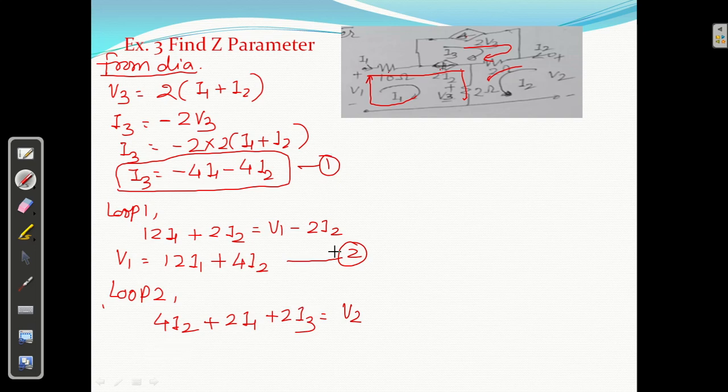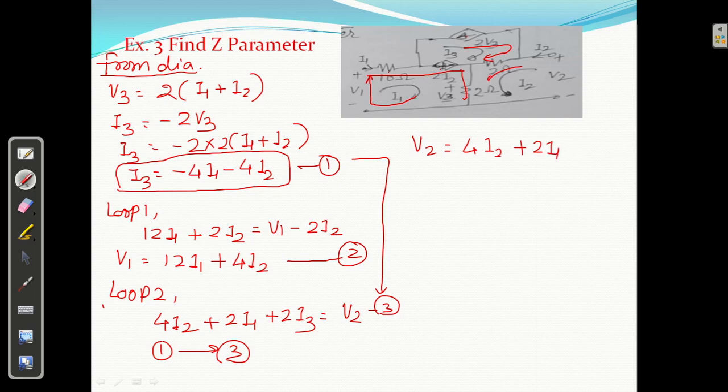If you solve it, here the value of I3 we will put from equation 1. Put 1 in 3, so you will get V2 equal to 4 I2 plus 2 I1 plus 2, and the value of I3 is minus 4 I1 minus 4 I2.